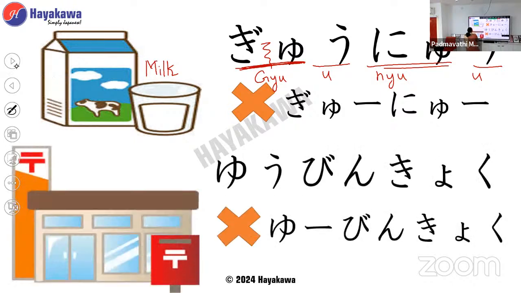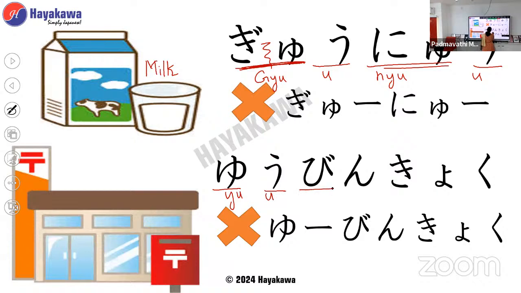What about the next word? Yubinkyoku. Again, here you have the you elongation. So this is you.